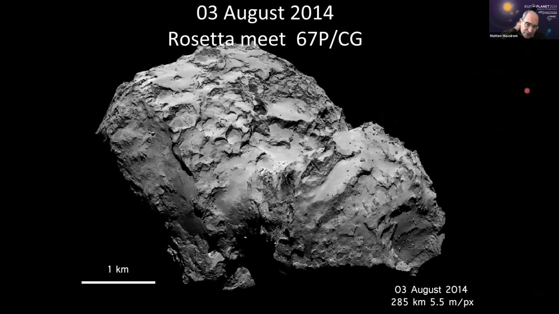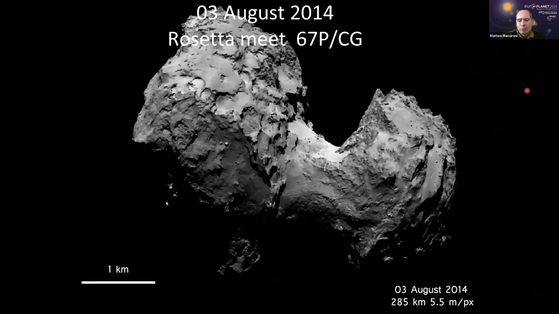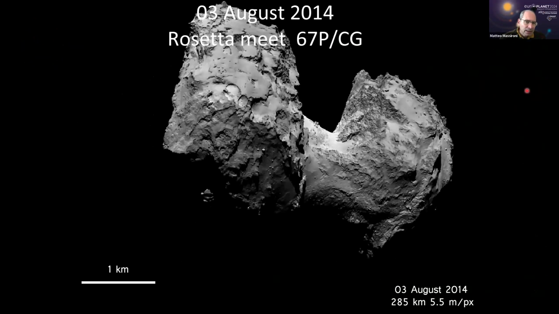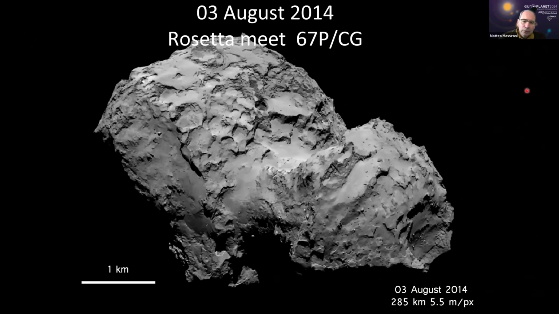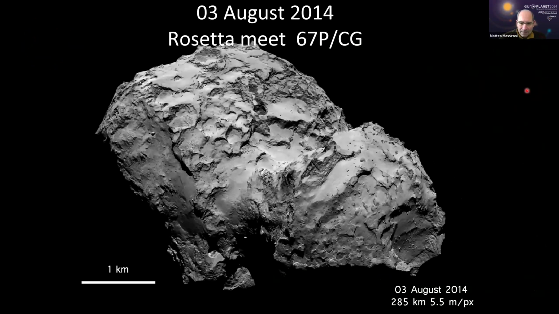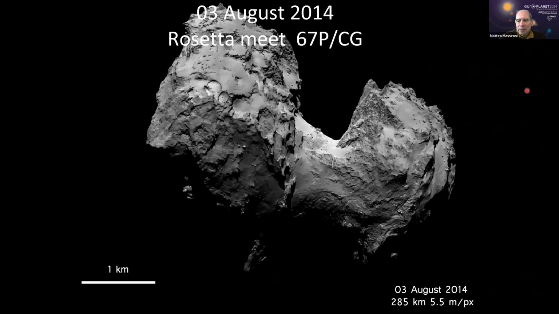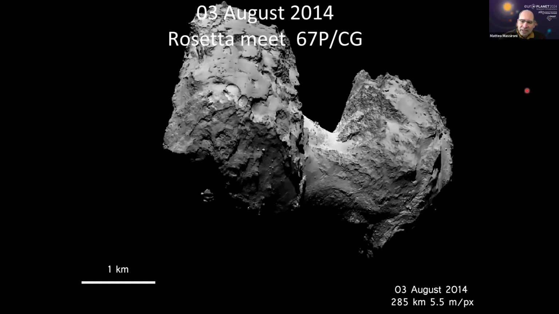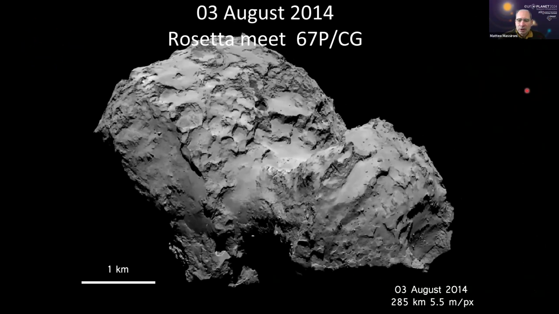When we approached the comet, Rosetta was able to orbit around it, and it was possible to see in great detail how the comet is in terms of morphology and geology. It was even able to land a lander there, which was called Philae. Here you see how incredibly variegated a comet is, I would say, different in terms of morphology.